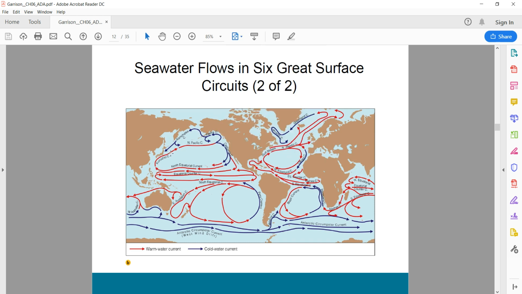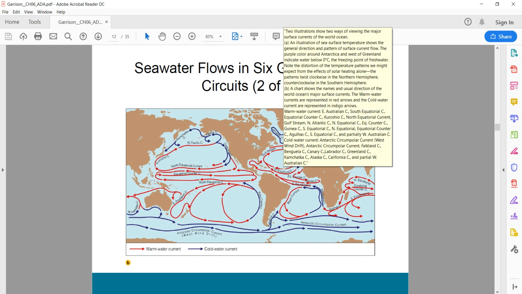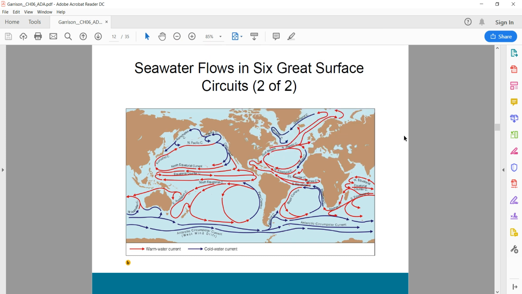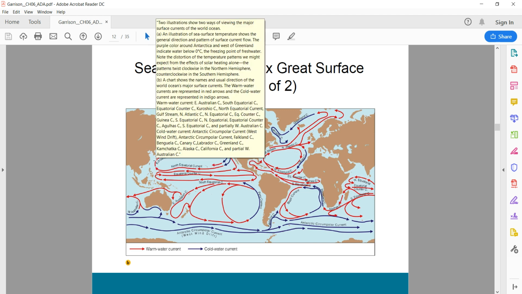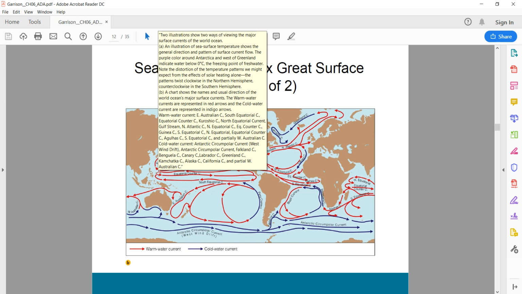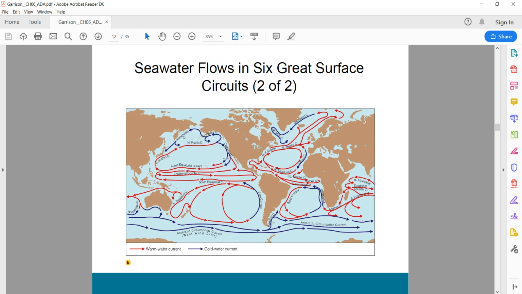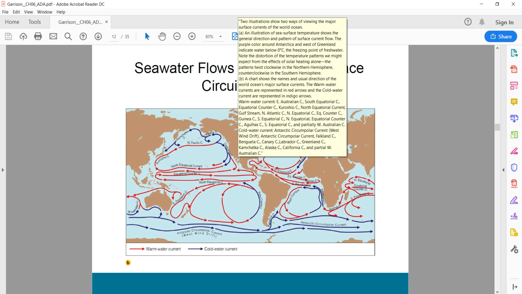Since they are near the continental boundary, those are also called boundary currents, and if they are on the eastern side, they are called eastern boundary currents, and if they are on the western side, they are called western boundary currents. The western boundary currents are faster, they are narrower, but they have a very well defined boundary in which they run, and they are much deeper compared to the eastern current.